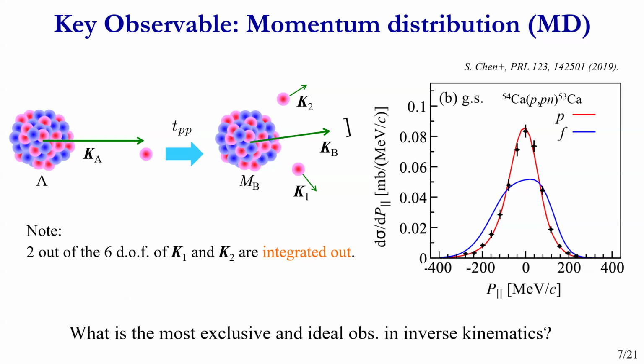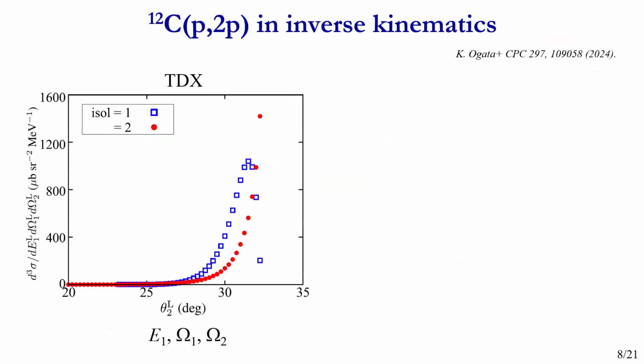In normal kinematics, as I showed, the TDX, the triple differential cross-section, is a very good observable. But if we calculate the triple differential cross-section in inverse kinematics, here I show the carbon-12 (p,2p) going to the ground state of boron-11 cross-section. You can see a very, how to say, peculiar shape of the cross-section.